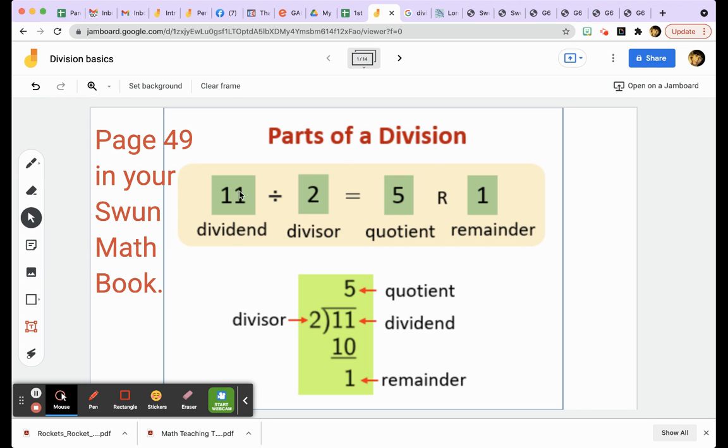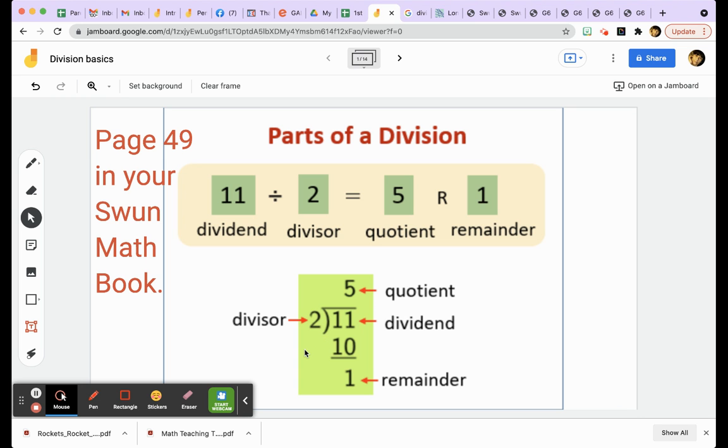When I write a division example, the larger number, the number that I'm looking at first, is the dividend, and the dividend is divided by the divisor. The answer is the quotient. And if the divisor does not go into the dividend equally, there will be a remainder.